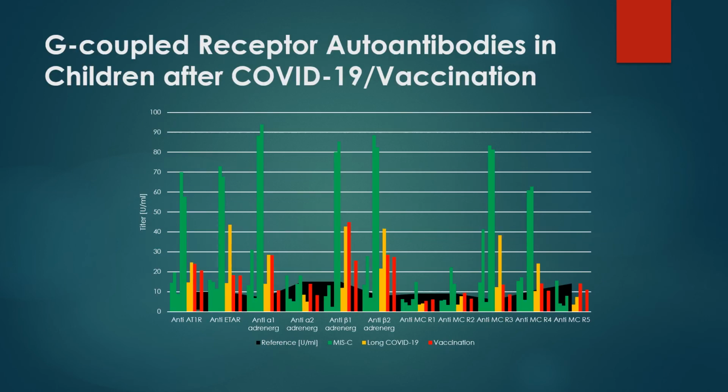The reason for the autonomic dysfunction seems to be elevated G-coupled receptor autoantibodies, as demonstrated in children after the disease with multisystemic inflammatory syndrome, as well as in children who have long COVID, as well as in children who have problems after vaccination. These data are published in Vaccines this month.